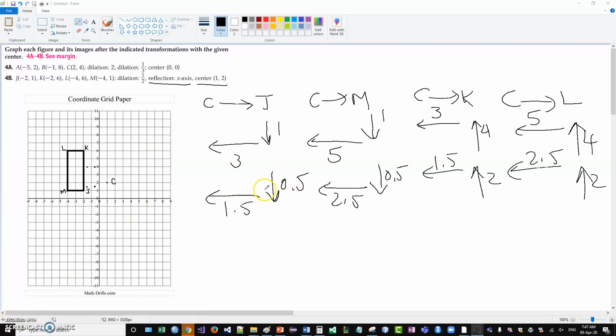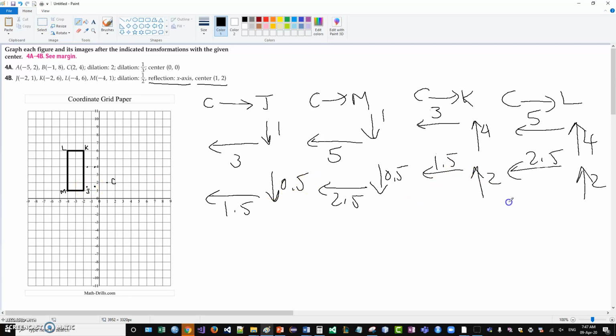For the first dilation, we're going down half and then left 1.5. And then for the second point, going down half and then left 2.5, which is right here.